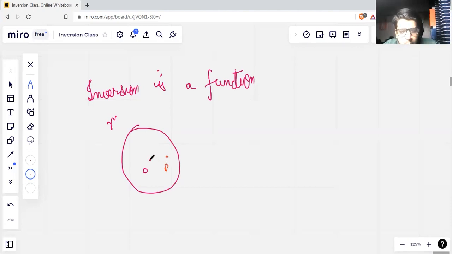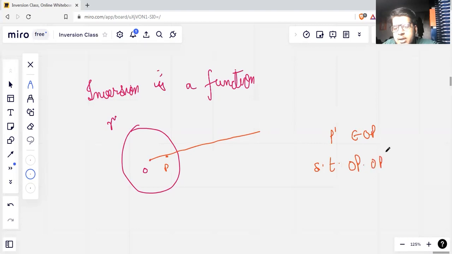You join this line OP and draw the point P star. Okay, let's say P dash, it's easier to write dash. P dash, which lies on the line OP, such that OP into OP dash equals R square, where R is the radius of the circle.